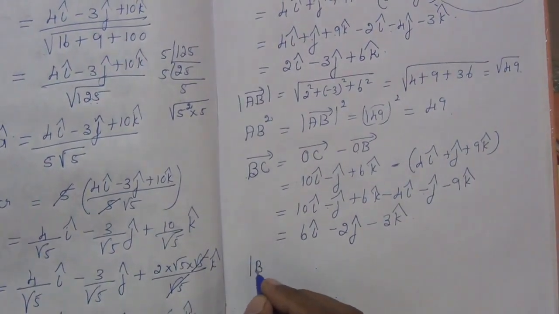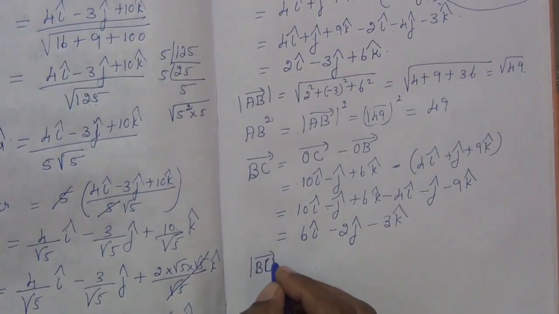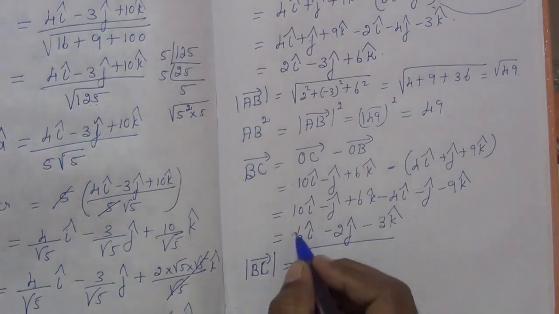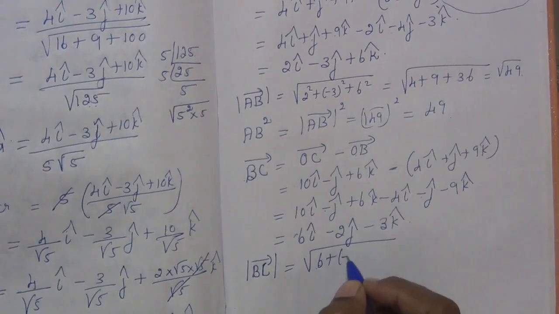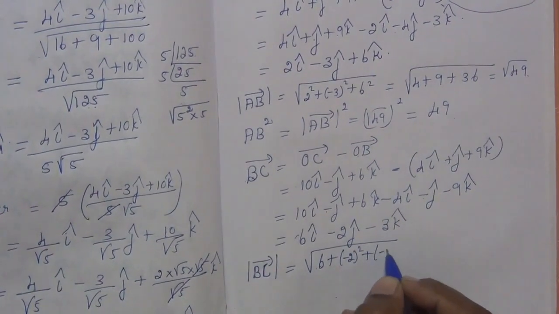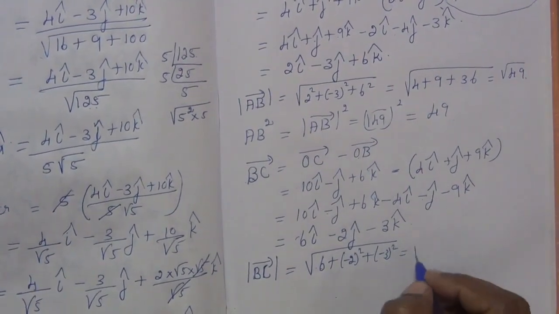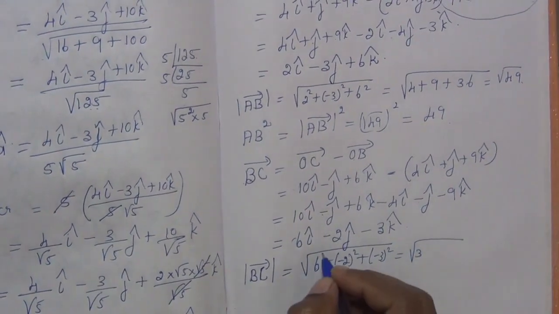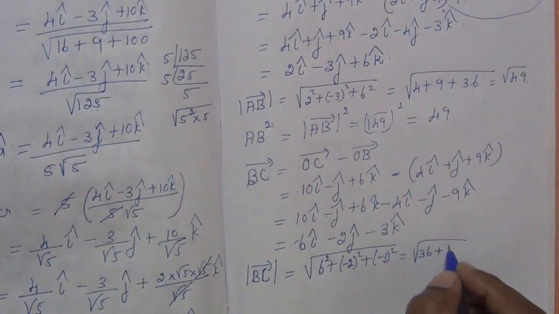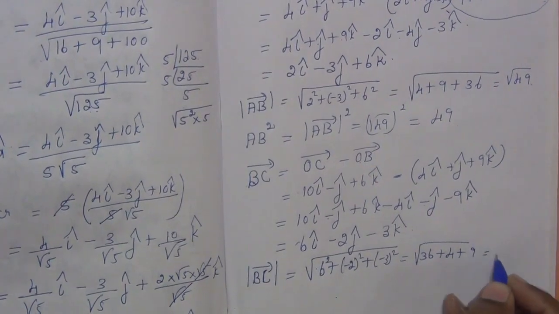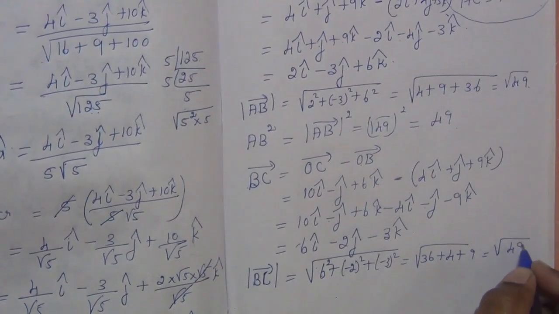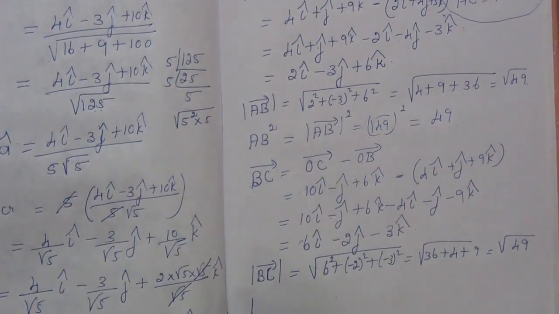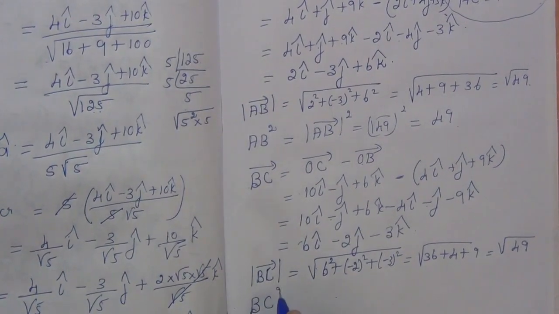The next step is to find modulus BC vector. That is the square root of 6 square plus minus 2 the whole square plus minus 3 the whole square. Root of 36 plus 4 plus 9. So this also we are getting the same value, root 49. Now we can find BC square.